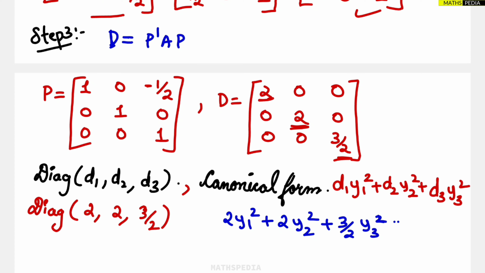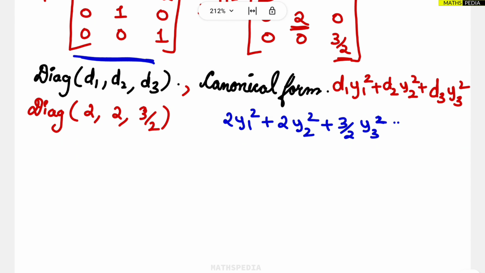So this is nothing but the canonical form of the given quadratic form. The quadratic form was given in the question. Now we have to give the congruent linear transformation also. For that purpose, that's why I wrote P here. Then what's the use of P? We are going to do that. We can write the question in this form, and you name it as step number 4: X is equal to PY, right?